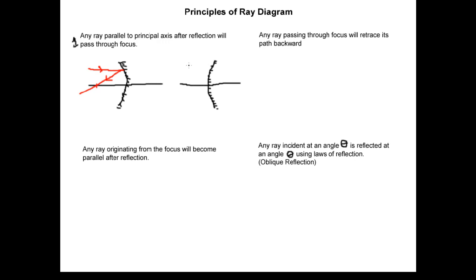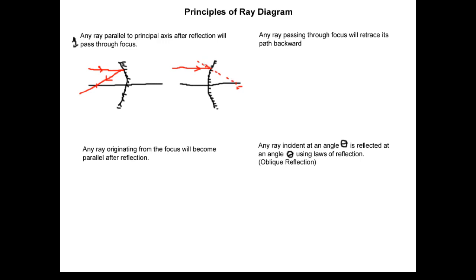This is the point focus. Any ray which is coming parallel, you see it is coming parallel, after reflection it will follow this path.